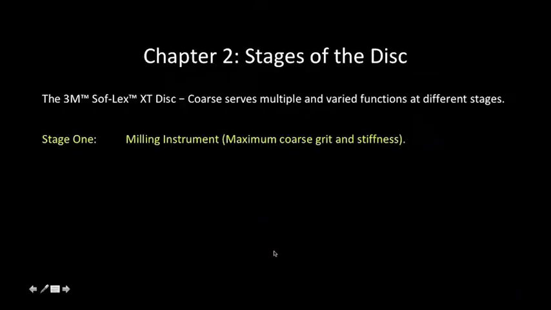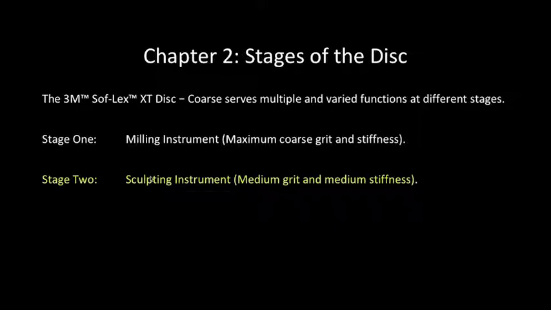During stage 1 of the disc, it is being used as a milling instrument, straight out of the box at its maximum grit and stiffness. I'm using that at the end of the amputation phase and the beginning of the initial shaping phase of the restoration. In stage 2, I'm taking that very same disc and now using it as a sculpting instrument.